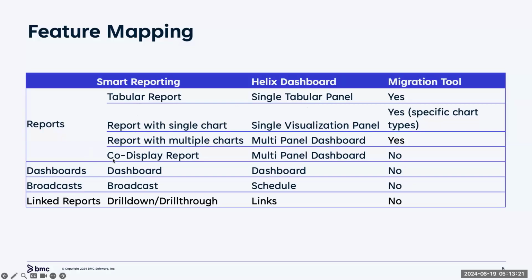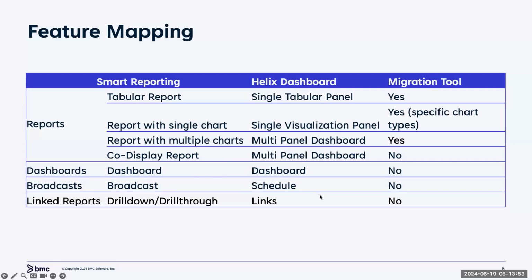You have co-display reports, which have embedded reports in them. You have dashboards, which have reports linked into them. In Helix Dashboard, a single visualization is basically a dashboard with a single panel, whereas a co-display, a dashboard, or a report with multiple visualizations all map to a dashboard with multiple panels.